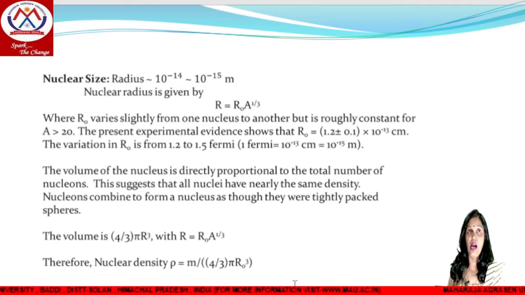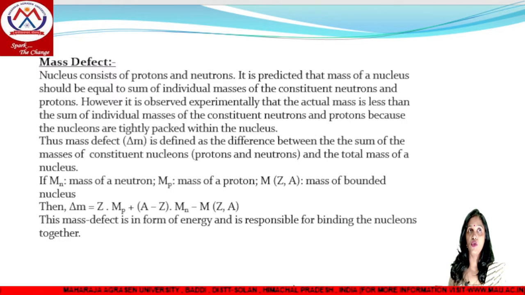This suggests that all nuclei have nearly the same density. Nucleons combine to form a nucleus as if they were tightly packed spheres. So volume is 4 by 3 pi R cubed with R equal to R naught A raised to power 1 by 3. So nuclear density rho comes out to be mass over 4/3 pi R naught cubed.